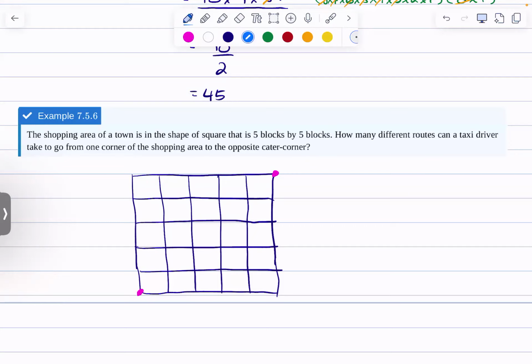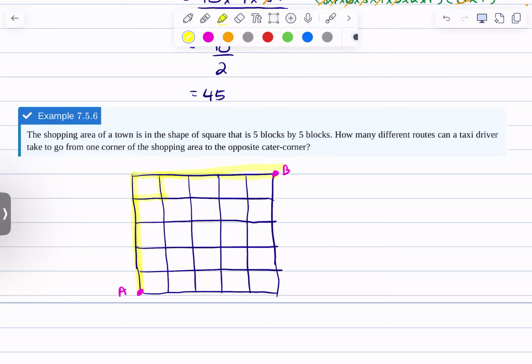To get from A to B, let's say, I could go straight up and over. Or I could go straight up, 1 over, then up and over.